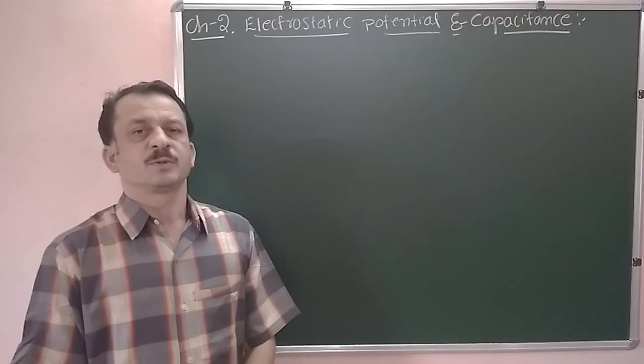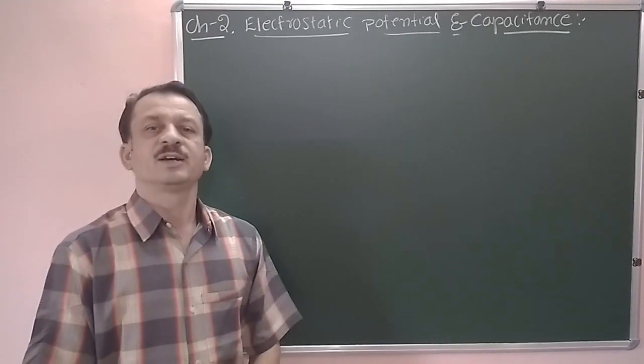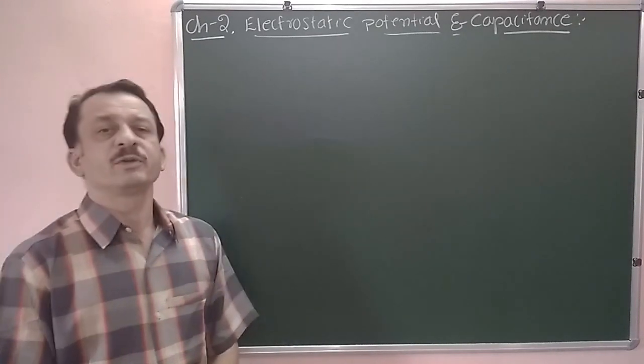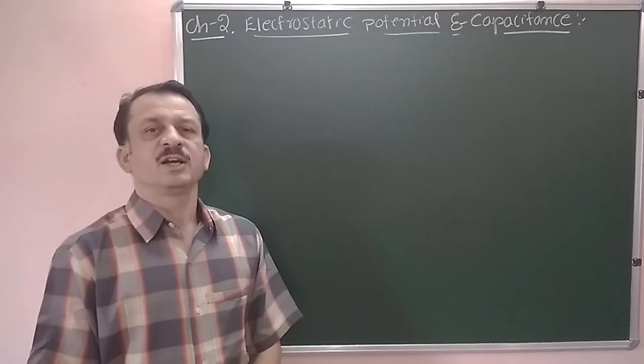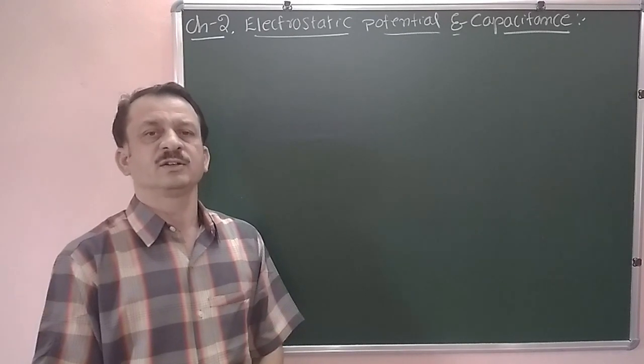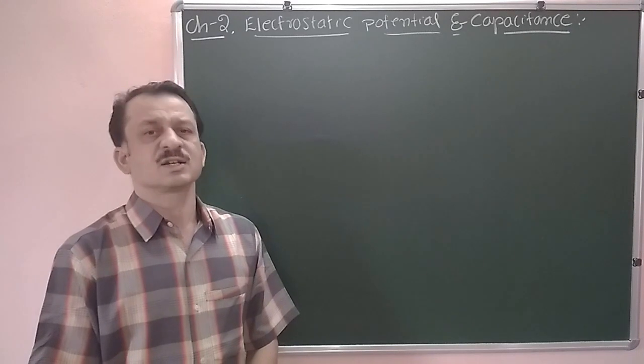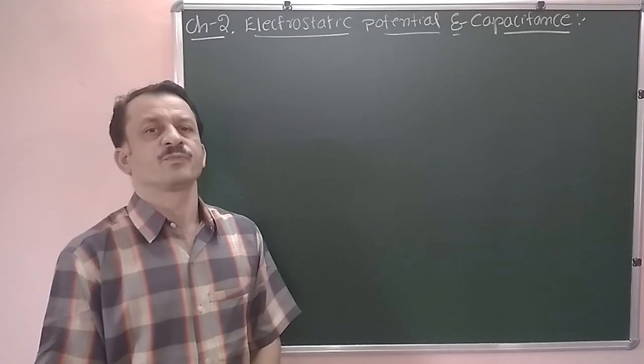Today we will study the new chapter, chapter 2, Electrostatic Potential and Capacitance. In the previous chapter we have studied electric charge, electric field, electrostatic force, Coulomb's law and Gauss law and their applications.